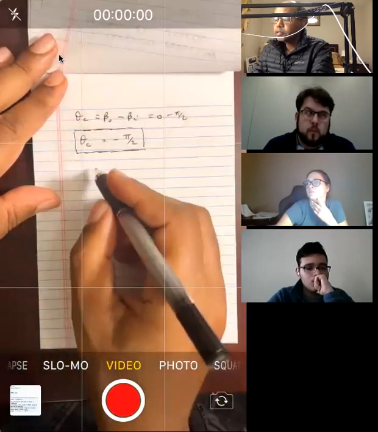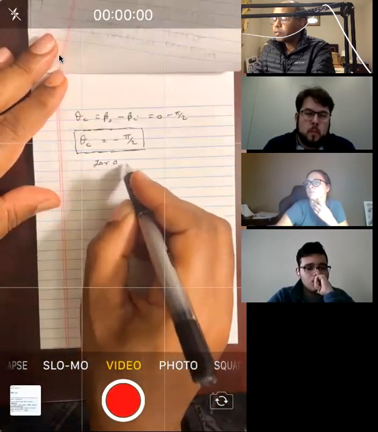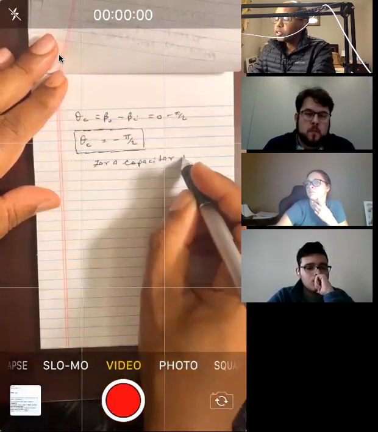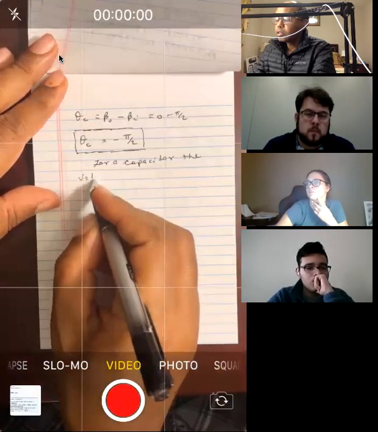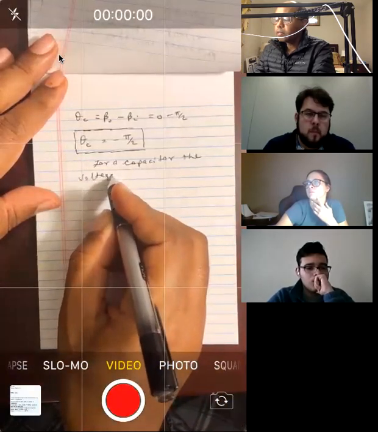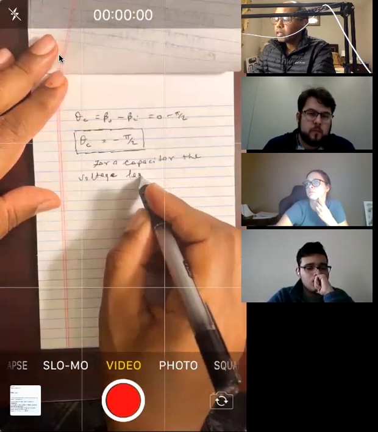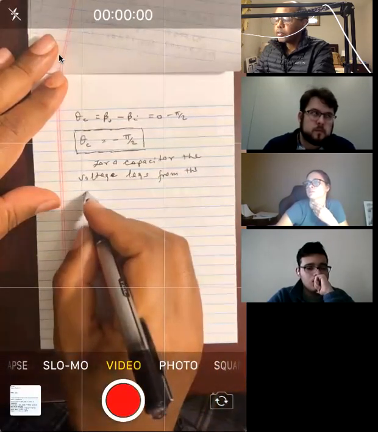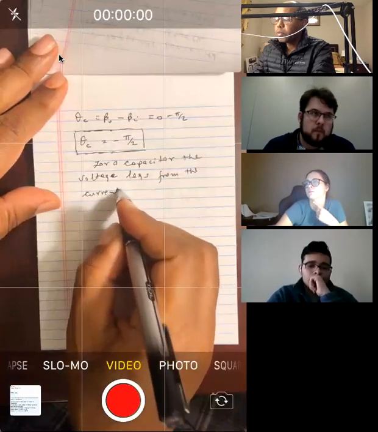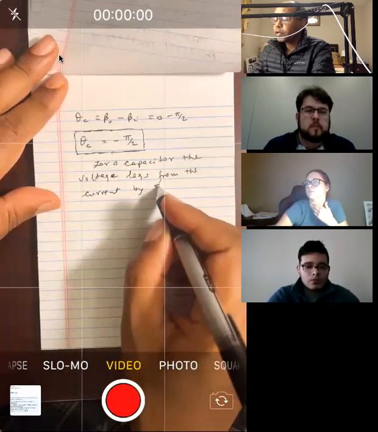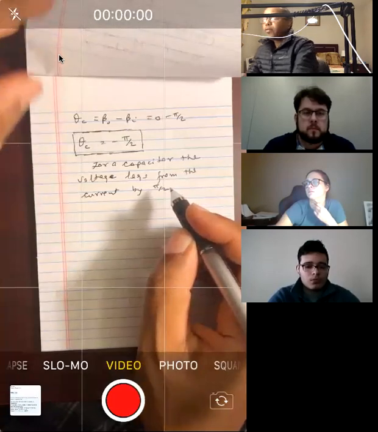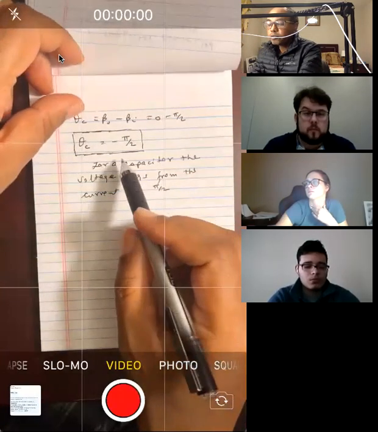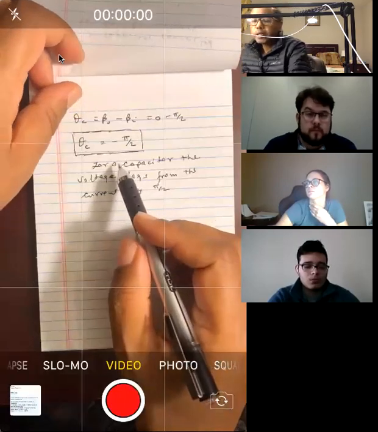So the conclusion is, for a capacitor, the voltage lags the current by pi over 2. Remember, in the case of an inductor, the voltage leads by pi over 2, but for a capacitor, the voltage lags the current by pi over 2.